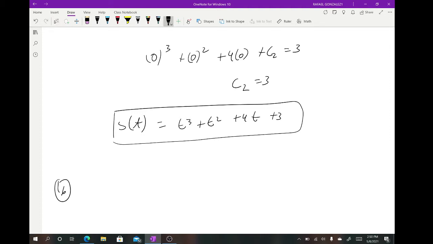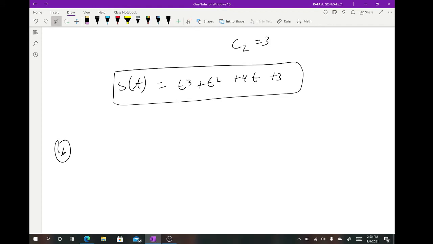Okay, problem number 16, probably the problem that most people hate on the final. It's an optimization problem.